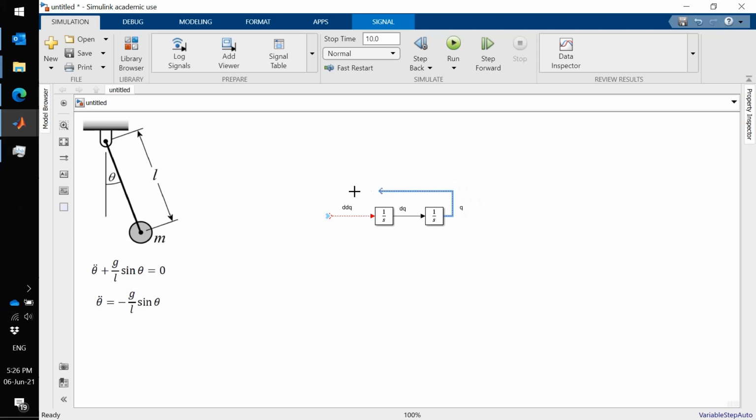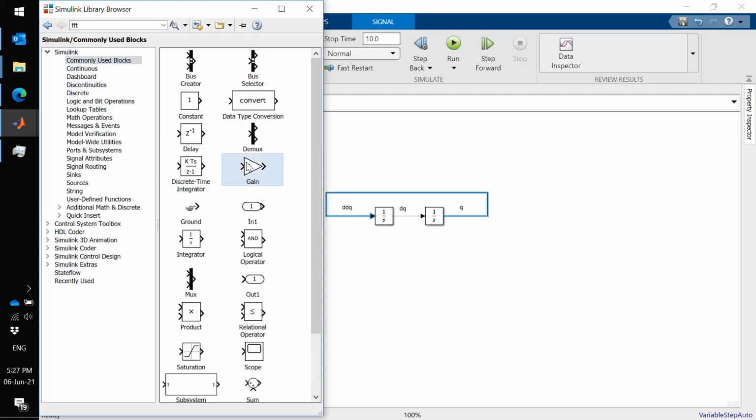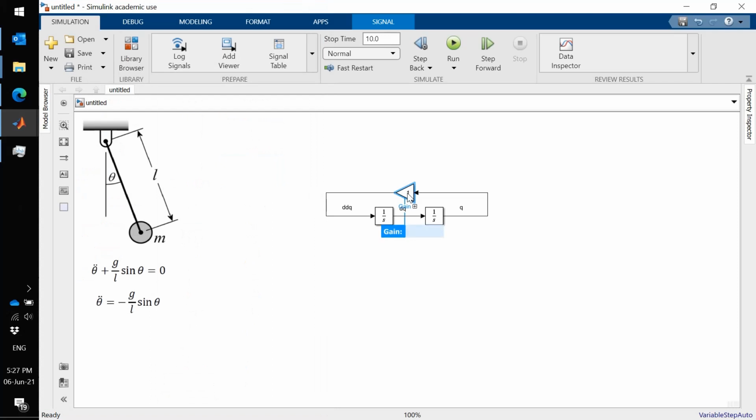So I'm going to take feedback from theta back to the acceleration, and it's multiplied by a negative value, so I'm going to use a gain right here, which is going to be negative g over L, negative g divided by L, and the feedback is actually sine theta, not theta.